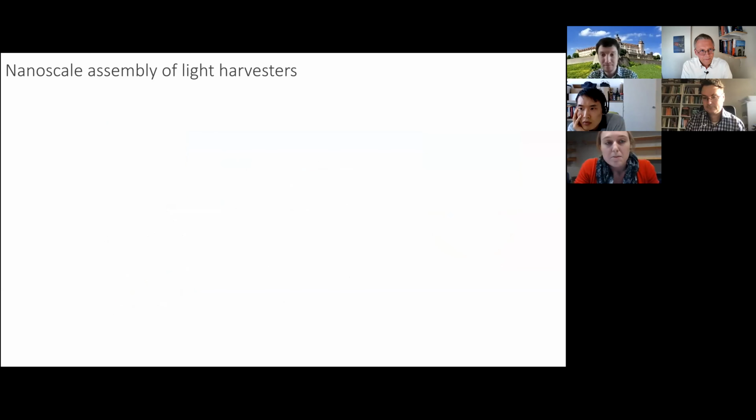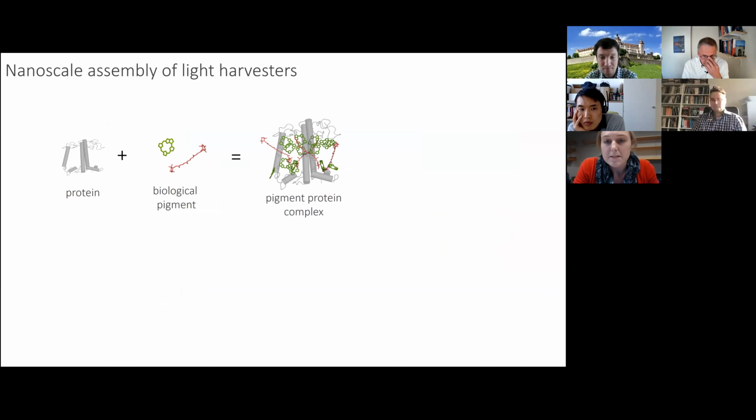To dive a little more into these nanoscale light harvesters and their requisite architectures, very much like plants use proteins as well as biological pigments to generate pigment protein complexes, as a lab we've been using DNA origami as a scaffolding structure to replace the protein.